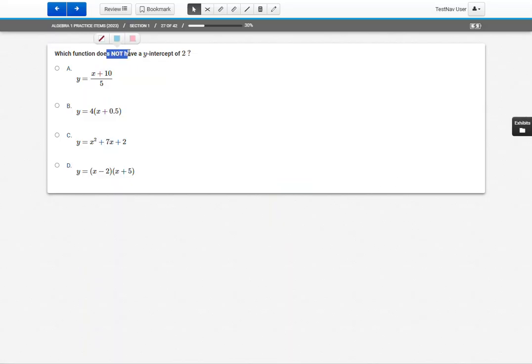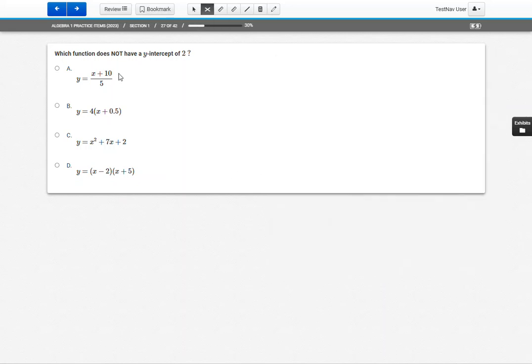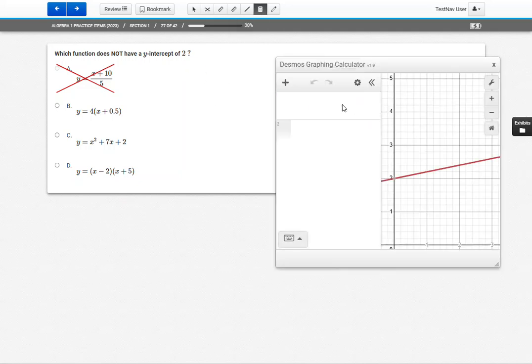Which function does not have a y-intercept of 2? Well, we're just going to graph everything and see which one does not have a y-intercept of 2. This one has a y-intercept of 2, so I'm going to cross that out because I want something that does not have a y-intercept of 2.